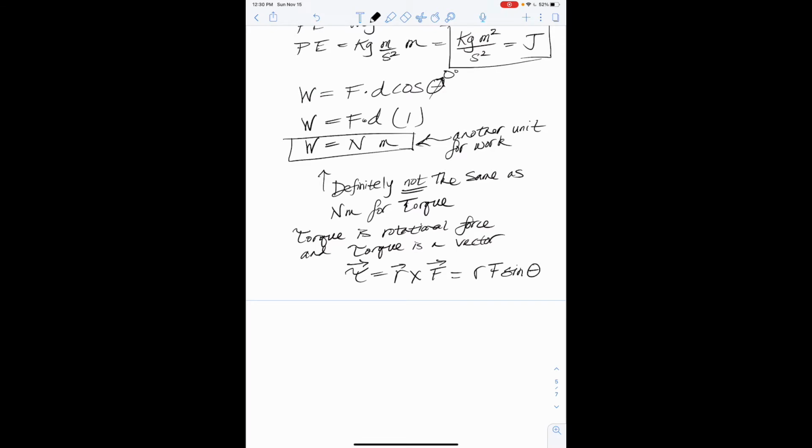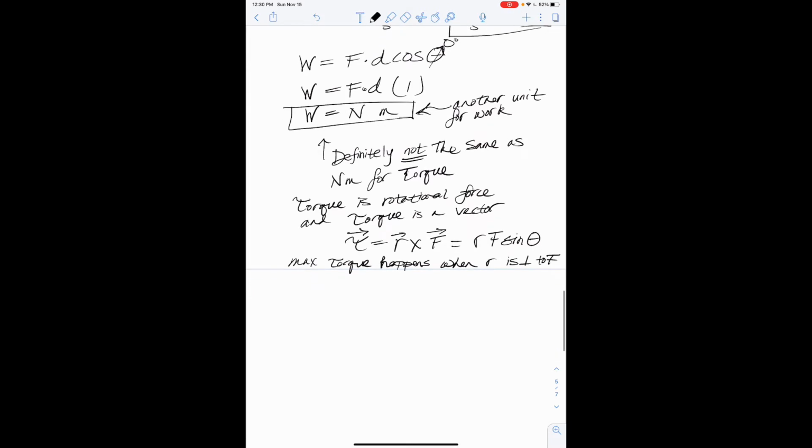Max torque happens when theta is 90, when R and F are perpendicular. I know it's kind of hard to read. So I wanted to point this out because it can be confusing.